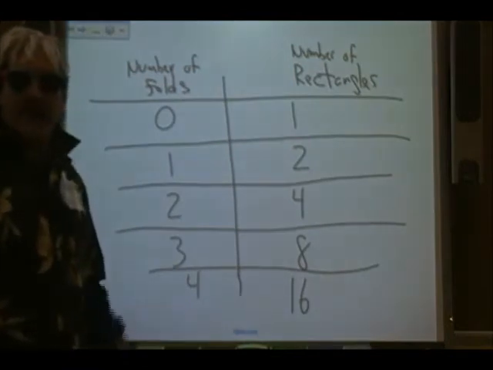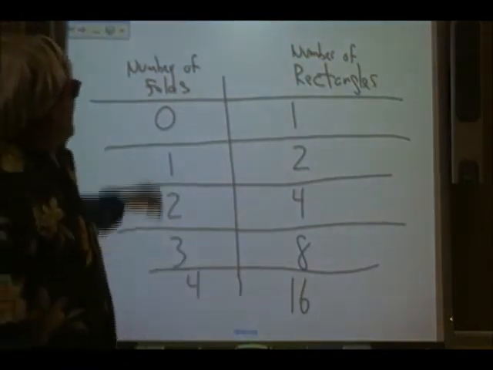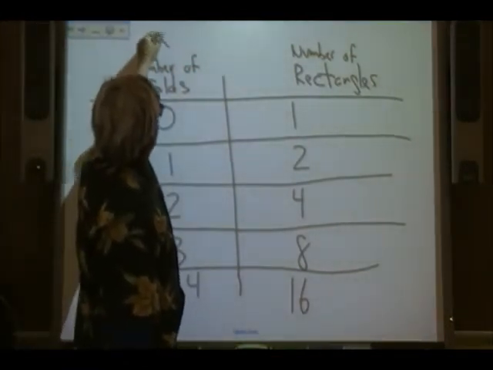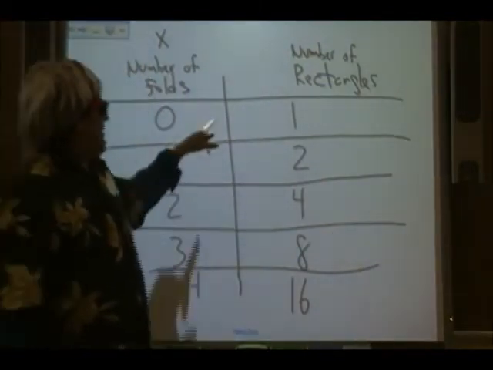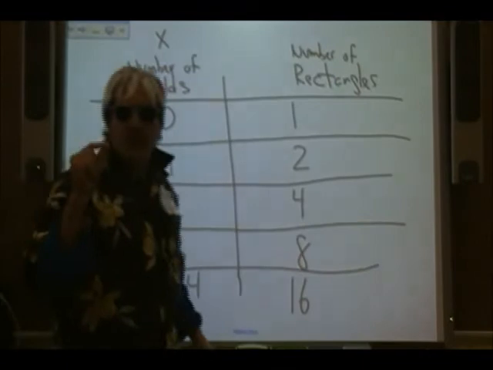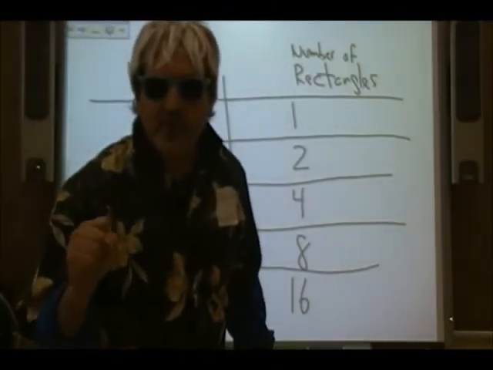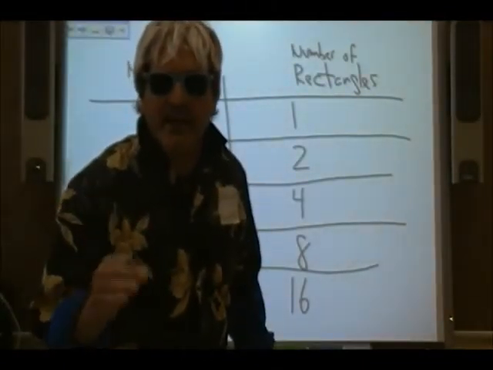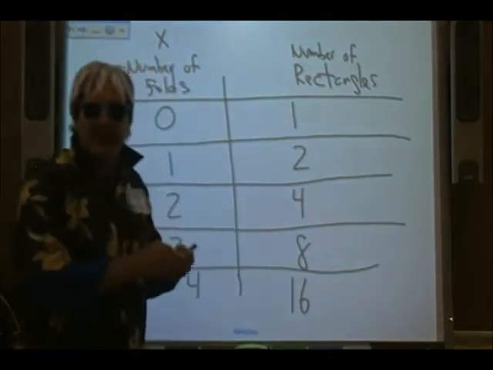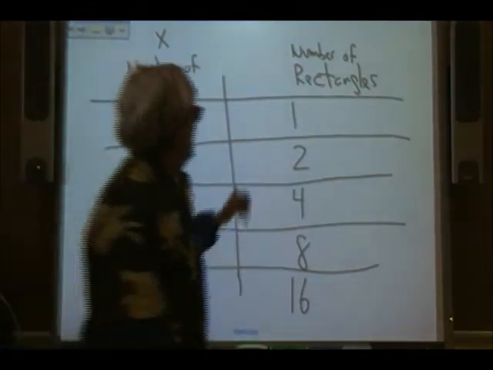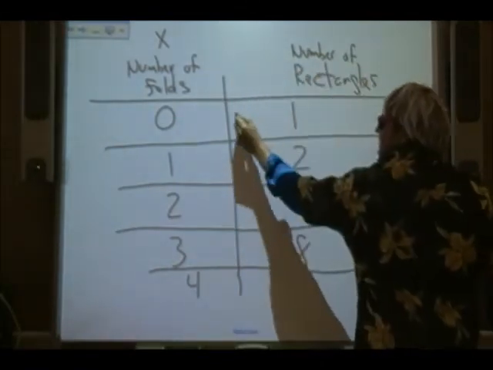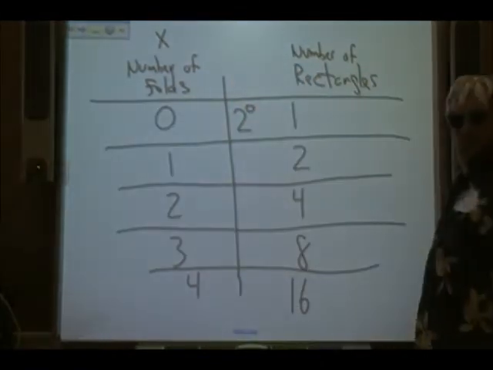And let's see how we can write a formula for it. Well, if I call this x, then what is happening here? This was a power of 2 because what we're doing is we're taking the base 2 and we keep folding it. Each fold is going to be the exponent. So this one is really 2 to the 0 gets you 1.